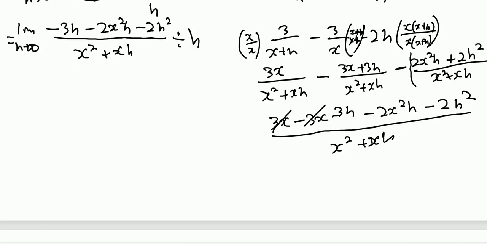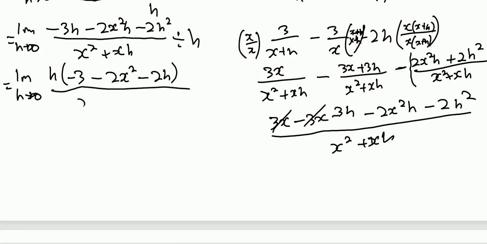Remember, I said in the numerators you always take out a common factor of a single h. That means you have the limit as h approaches 0 of what? Take out a single h, negative 3 minus 2x squared minus 2h all over x squared plus xh.